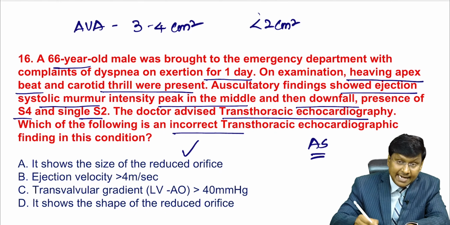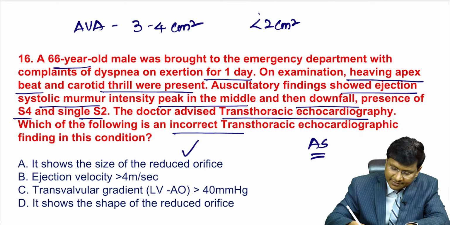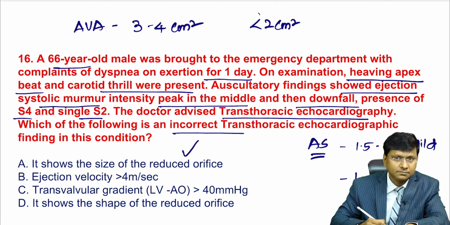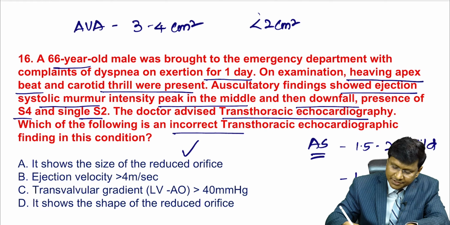If the aortic valve area is 1.5 to 2 centimeters square, this is suggestive of mild aortic stenosis. If it is around 1 to 1.5, then it is suggestive of moderate aortic stenosis. And if the valve area is less than 1 centimeter square, this is suggestive of severe aortic stenosis.